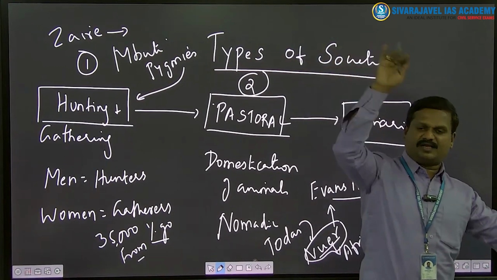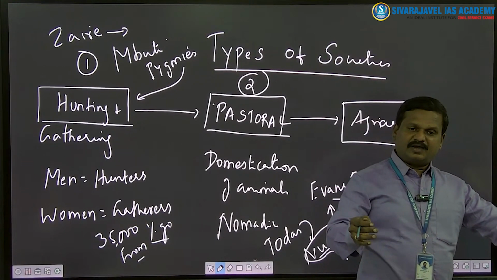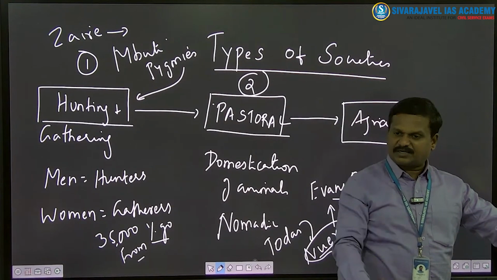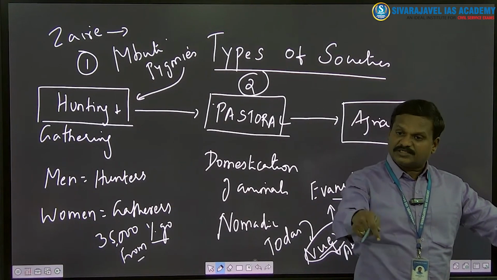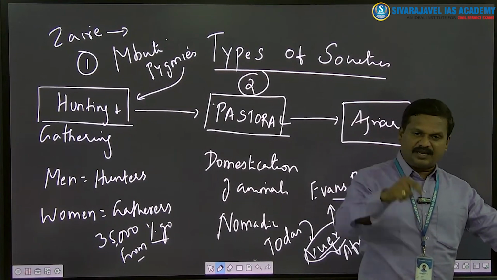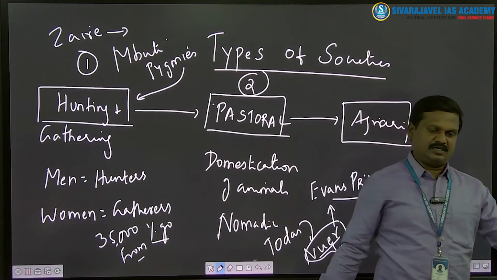Even in America, agriculture is taking place. But the difference is that only 2% of the people in America are doing agriculture, whereas in India, even today, 60% of people directly or indirectly depend on agriculture. That is why Indian society is even today predominantly an agrarian society.